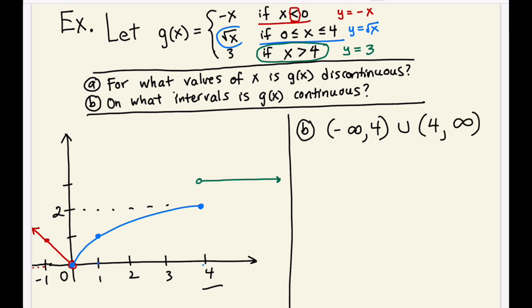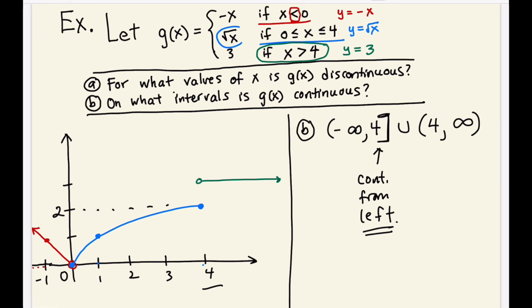However, I also want to add that at this value, the function is continuous from the left. So I'm going to replace this with a closed bracket, because on this interval the function is continuous from the left.